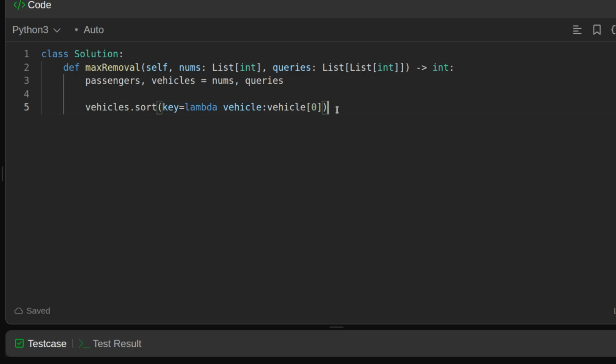This simply means sort the vehicles with respect to their start range, the starting index, that is sector 0. So first sorted according to sector 0, then sector 1, then sector 2.